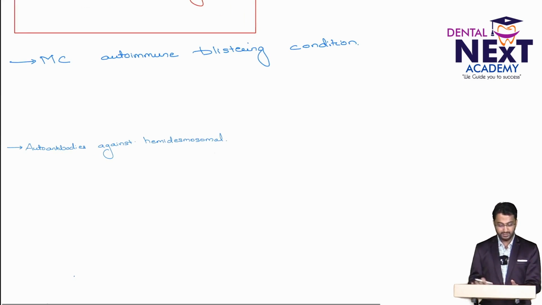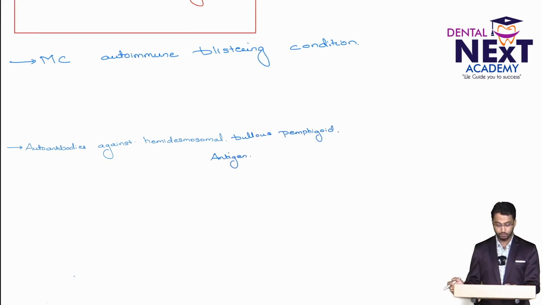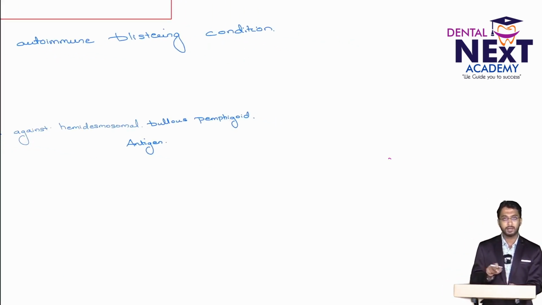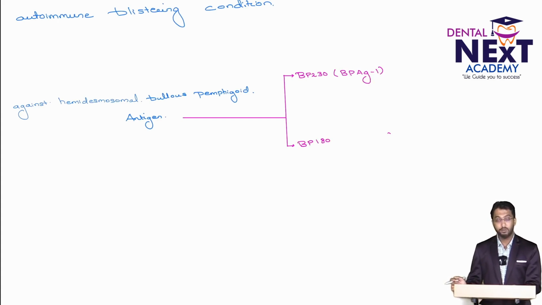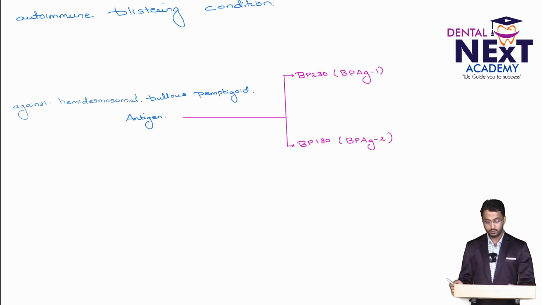Now, autoantibodies are against hemidesmosomes in both, but here it is the bullous pemphigoid antigen. That was the mucous membrane pemphigoid antigen. Both of them are against hemidesmosomes only. The names of the antigens are different: BP230, bullous pemphigoid 230, or BPAG1, and BP180, also known as BPAG2. There we also saw BPAG2.